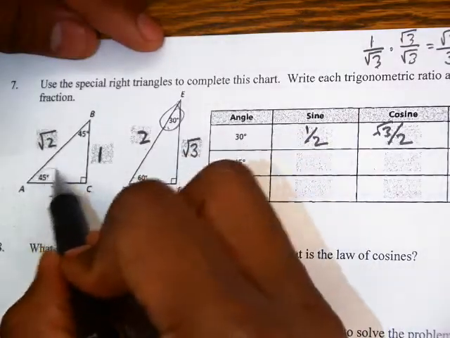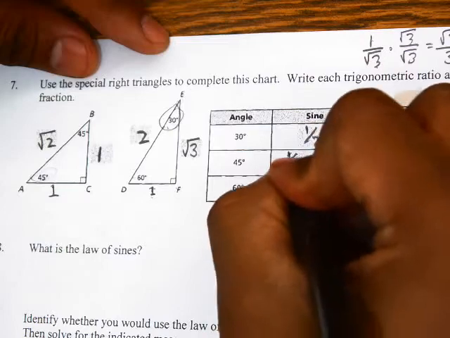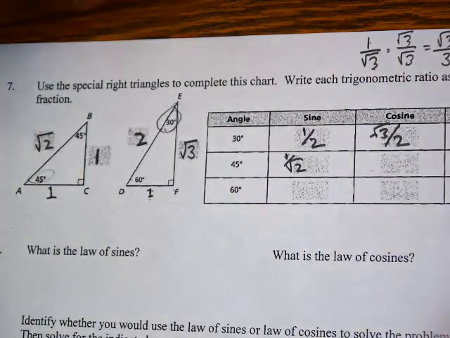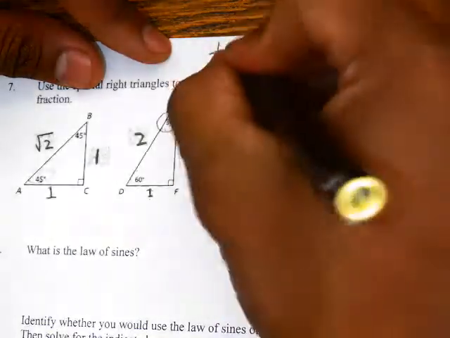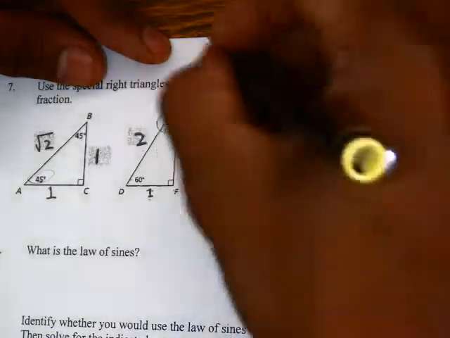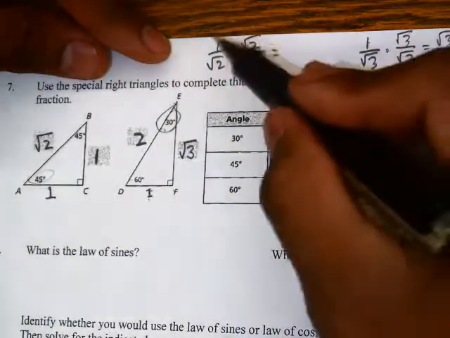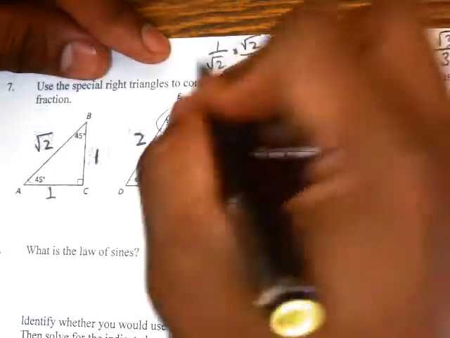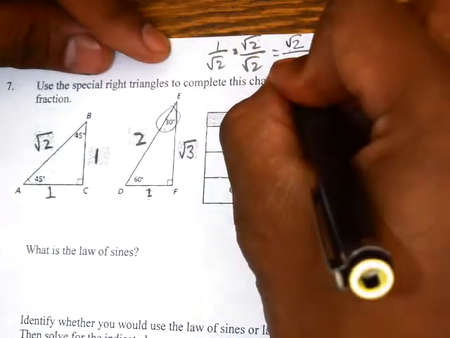The sine of 45 degrees, we can use this 45, opposite over hypotenuse, 1 over the square root of 2. Again, we aren't allowed to leave square roots at the bottom, so we multiply that fraction by the square root of 2 over the square root of 2. On top, it's square root of 2. On the bottom, square root of 2 times square root of 2 is just 2.